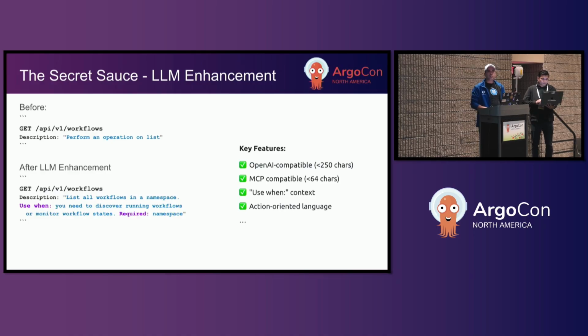But at the bottom, you see the LLM-enhanced version, so an agent will know what to do with this tool or API: list all workflows in a namespace, using keywords that are a standard way of using MCP. When do I use it? Use it when you need to discover running workflows or monitor workflows. And what's required? The namespace field is required. That's a better, enhanced documentation of that API, and then we can create the MCP server.